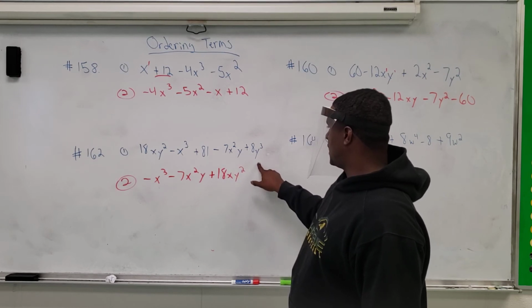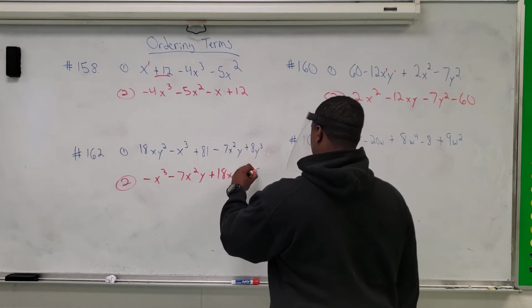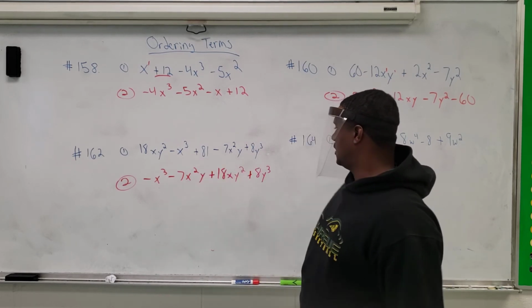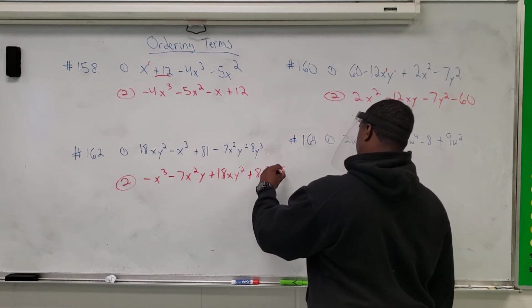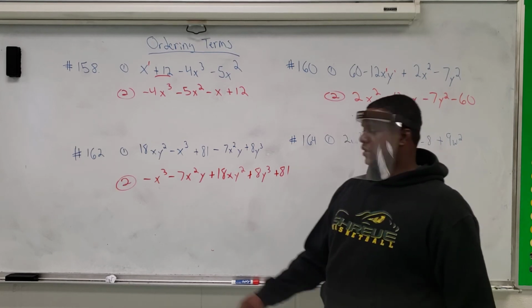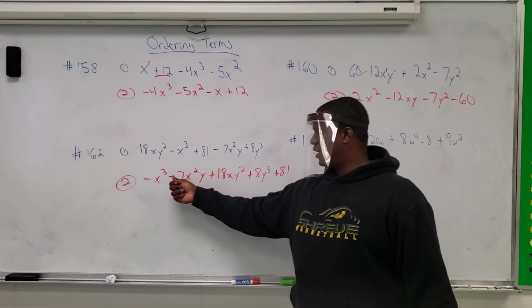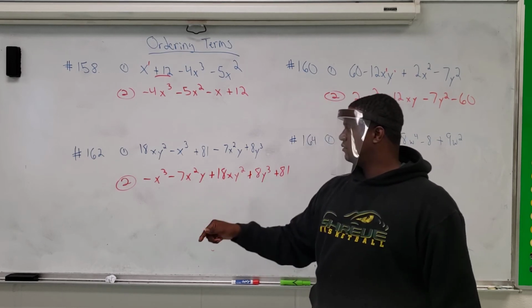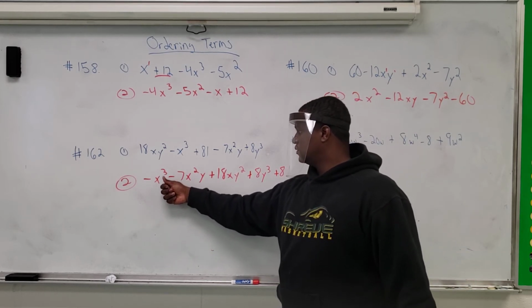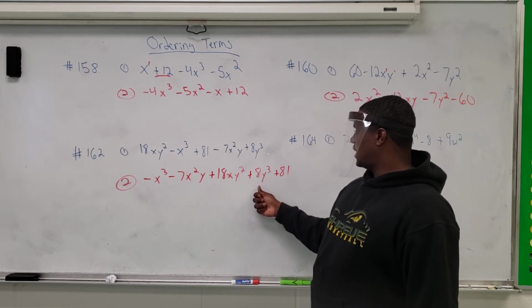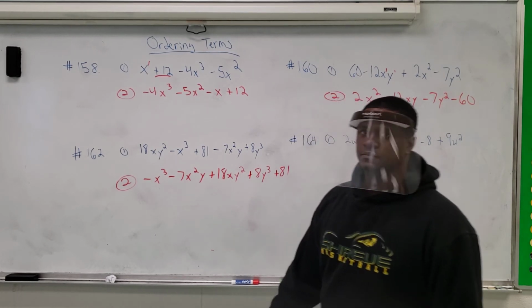Now I just have my y to the third power, followed by my constant, plus 81. We have our variables in alphabetical order, our exponents in numerical order descending from greatest to least. So that's x to the third power, x to the second power, x to the first power, y.